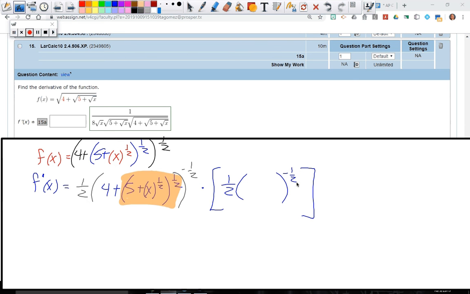Do you agree? And then you'll multiply by that derivative in just a bit. So what goes in the parentheses? Yep, 5 plus x raised to the 1/2. Now you're going to multiply by the derivative of that. Yes? So why don't you include the 4 plus as the stuff?